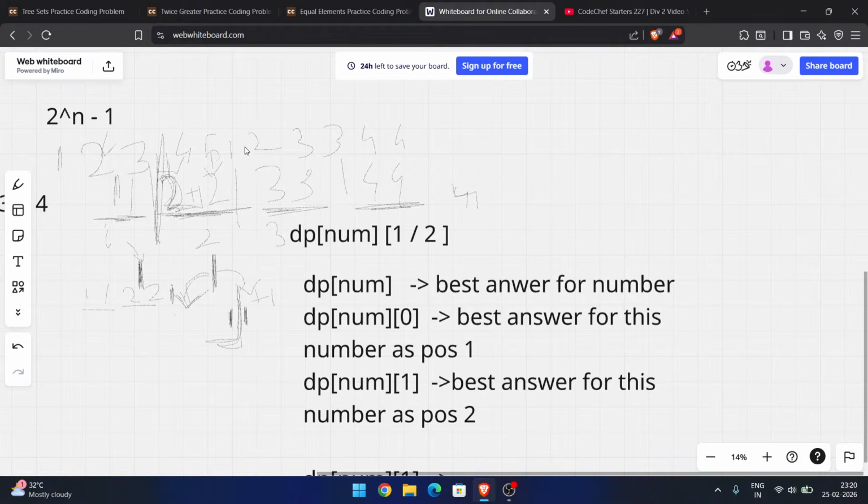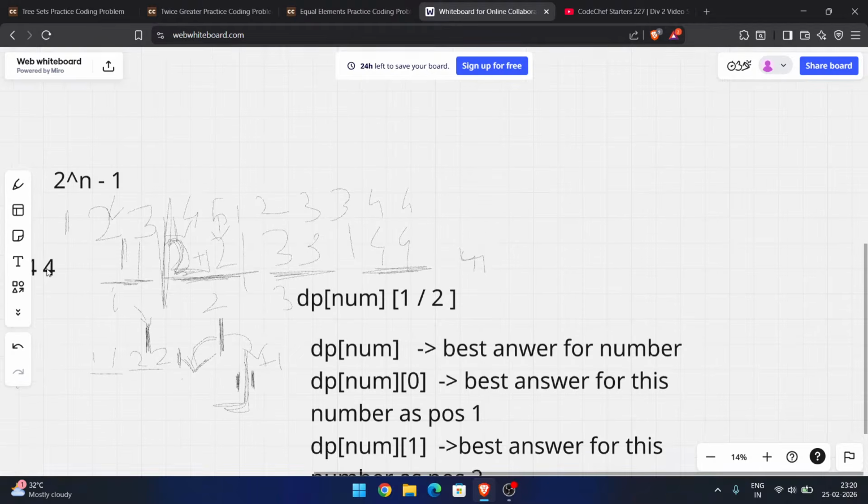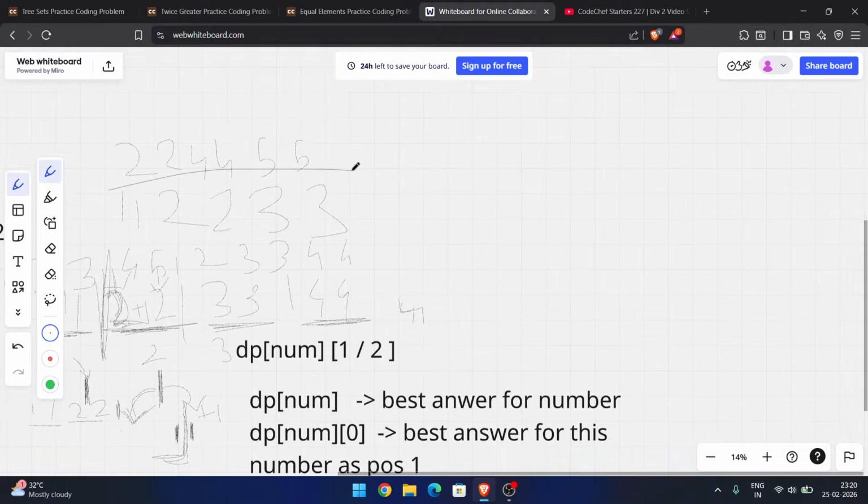I take the maximum which has already ended. So if one array was 1 1 2 2 3 3 and another array was 2 2 4 4 5 5, let's say till now we have created these two, just for example.